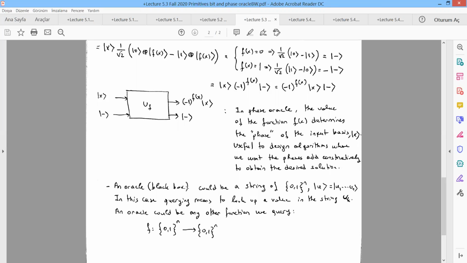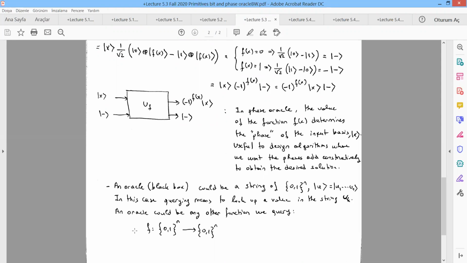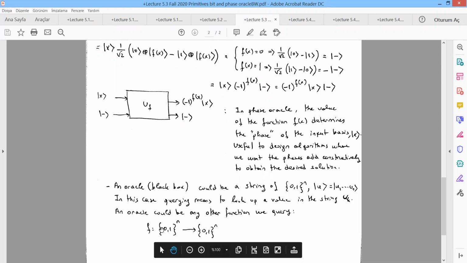So when we query that kind of black box, we would obtain one of the values u_k of the |u⟩ that this unitary transform represents. Or alternatively, an oracle could be any other function that we query, any end-to-end mapping from n-bit strings to n-bit strings. This could be any function like this, or any mapping like this.